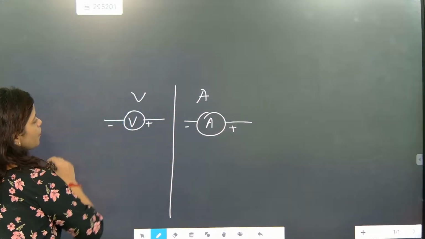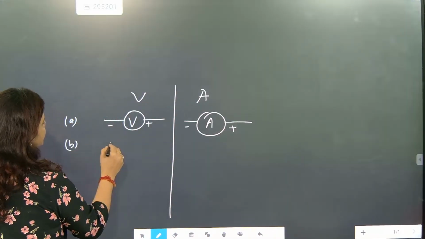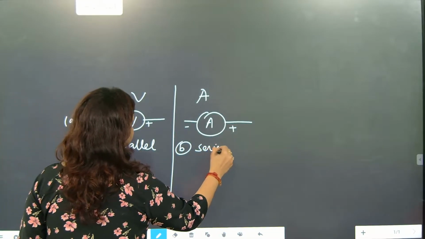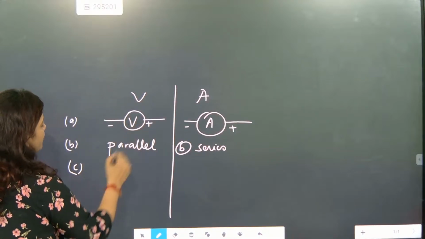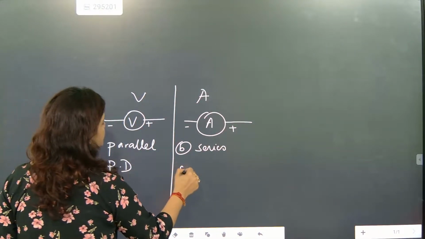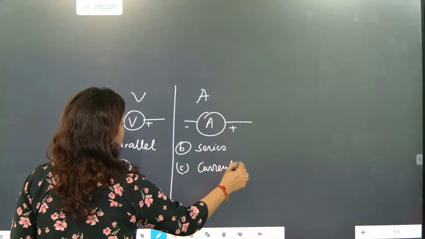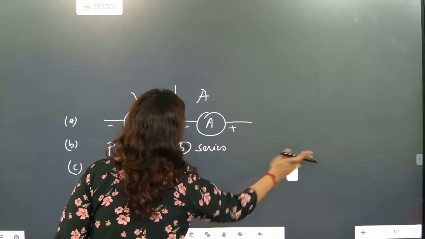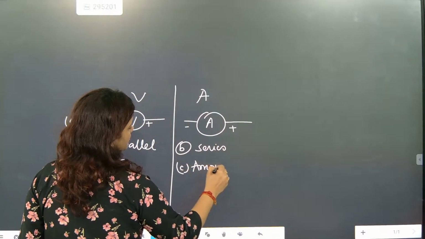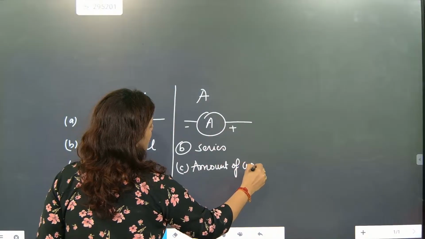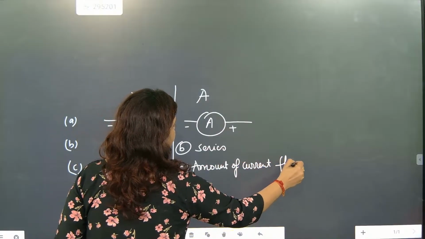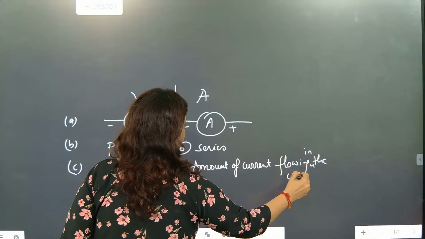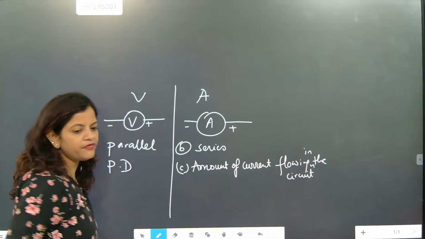So now here, this is voltmeter and ammeter. It is exactly connected in parallel, and this is connected in series. Understood? Its work is to find potential difference. Its work is to find the amount of current flowing in the circuit.